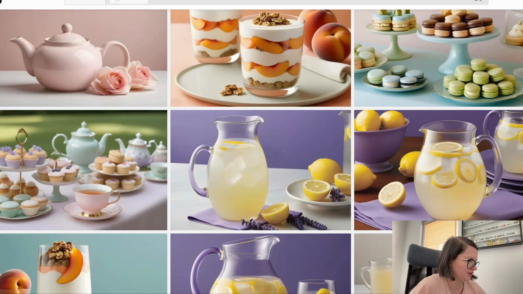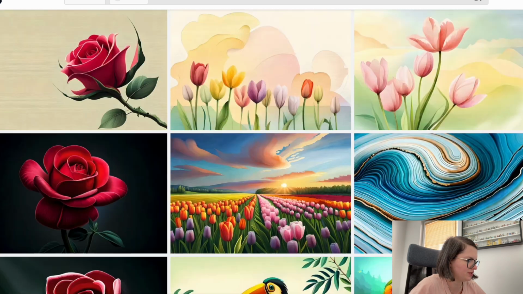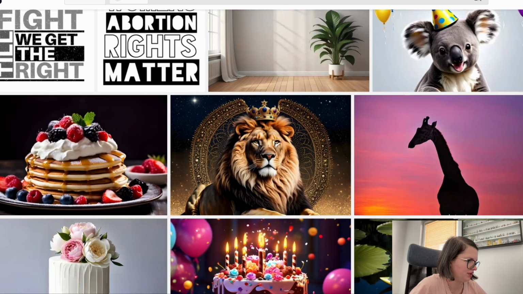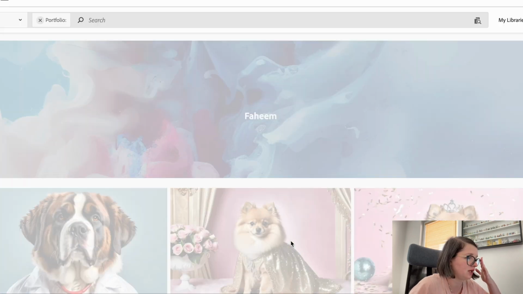So I've asked the author, and they confirmed that they are not using Midjourney to generate the images.